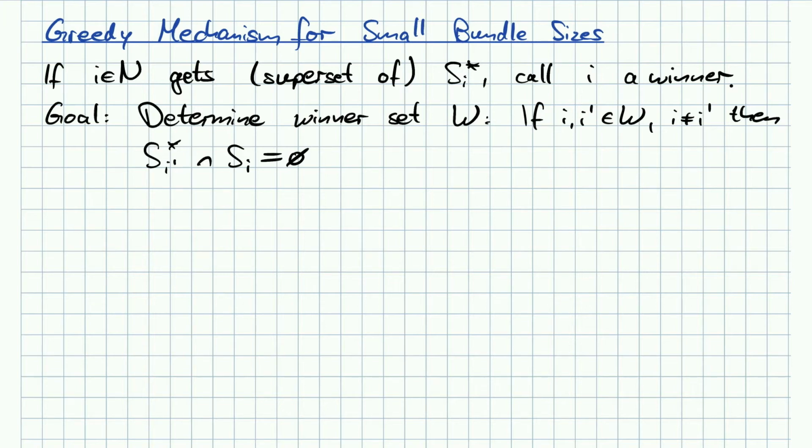Good. Now, how can we do this? We can do this in a very simple way, namely, we can consider the following greedy by value algorithm.